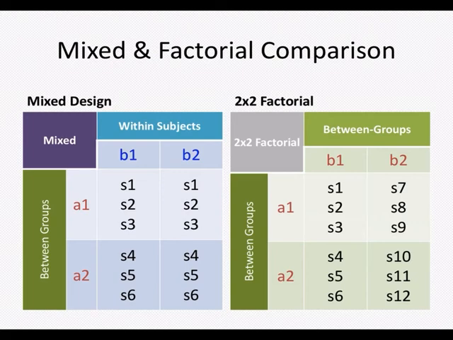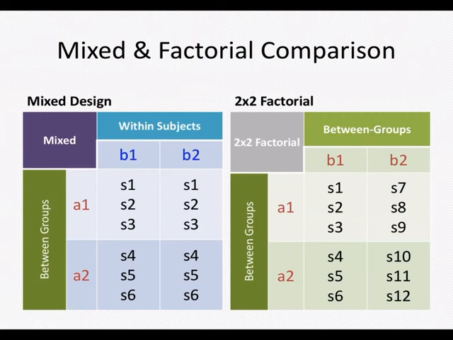We can see that in cell A1, B1, there are 3 participants. In cell A1, B2, there are 3 different participants. S1 is subject 1, S2 is subject 2, S3 is subject 3. In each of these cells, they are different participants, so we have a total of 12 different people.